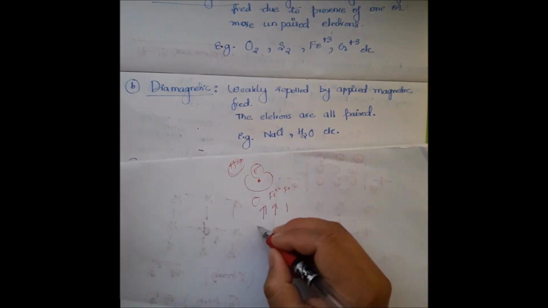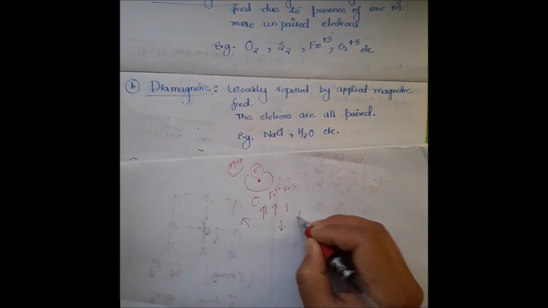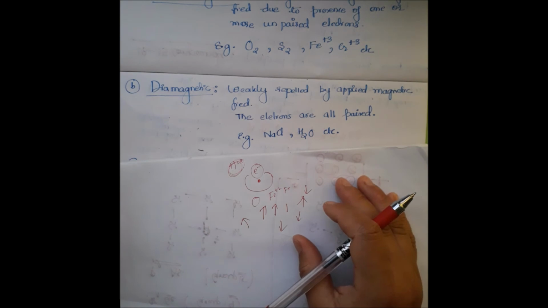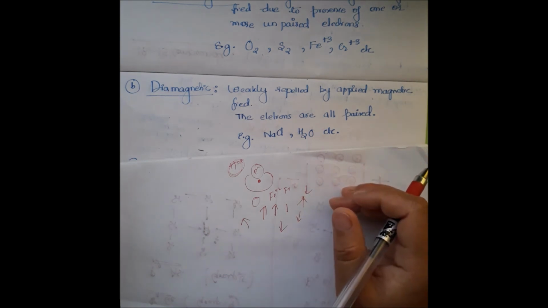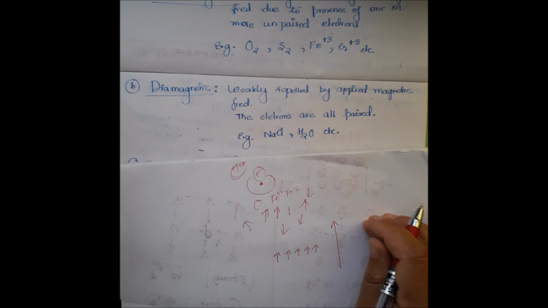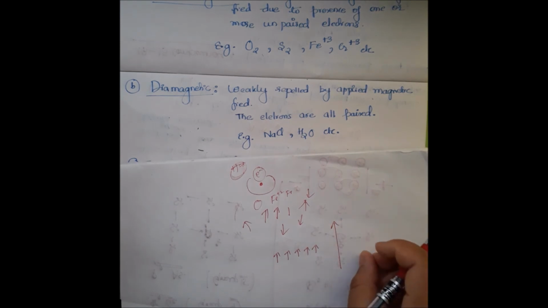In the absence of a magnetic field, the domains orient randomly in all directions, so the net magnetic moment is 0. But when a magnetic field is applied, all the domains align along the direction of the applied field, so a strong magnetic effect is produced.